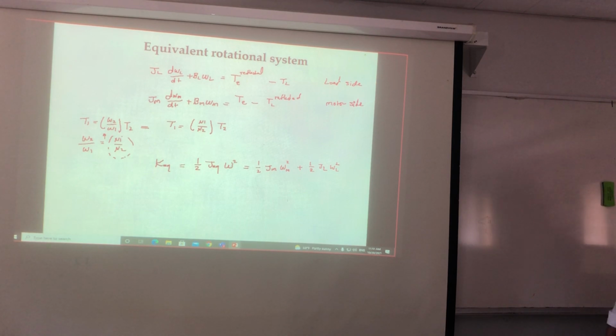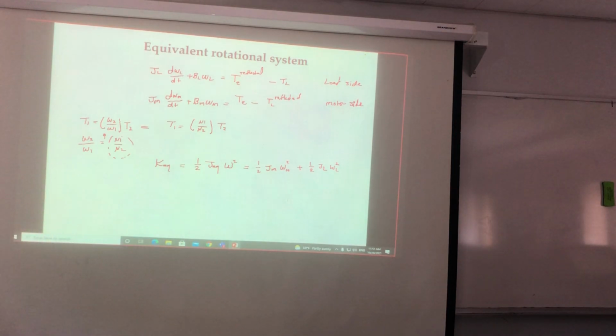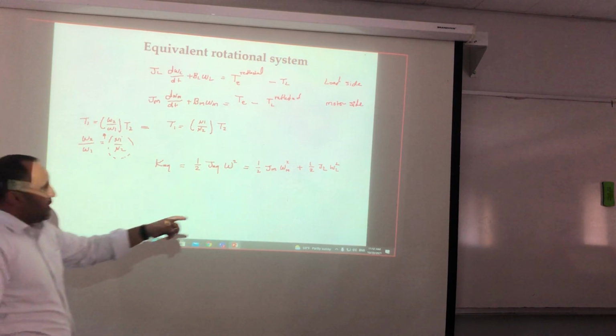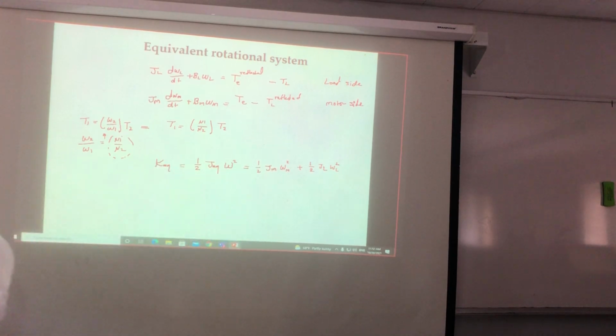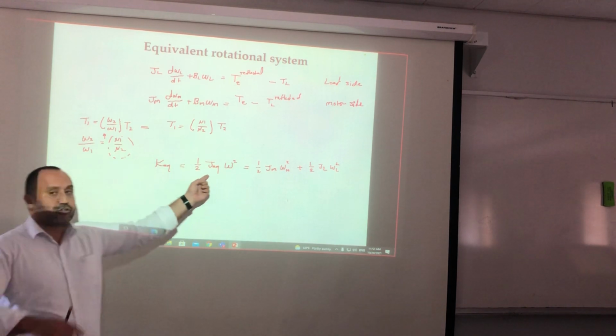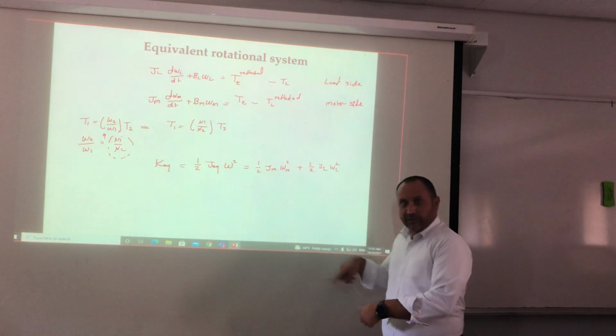Now, this equivalent as seen from the motor side or as seen from the load side, both give the same kinetic energy for the system. But here I need to unify the speed. Either the mass is rotating with the motor speed or with the load speed.